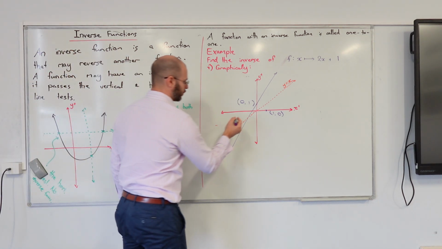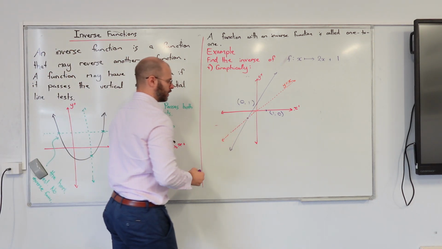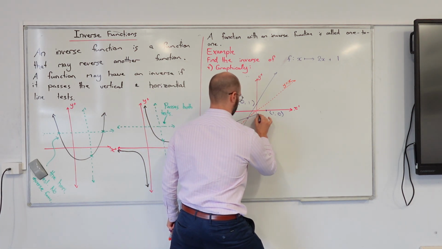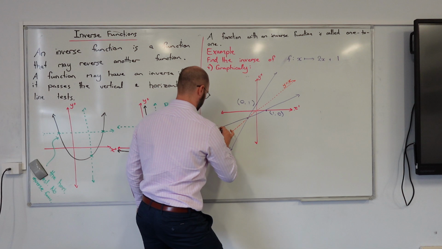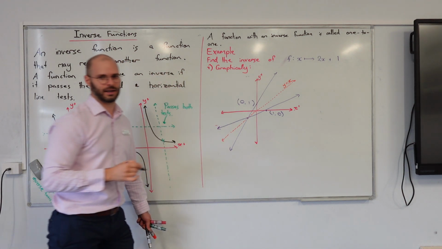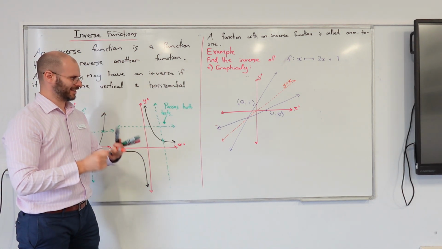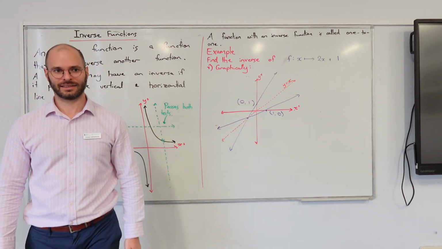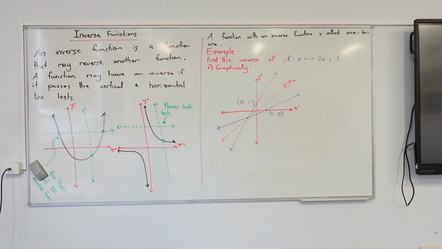And if it's symmetrical, they're going to cut here as well. So what you can do is just line up your ruler. Not bad, right? And there's your function there. That's the inverse. But we don't have an equation for that, do we?